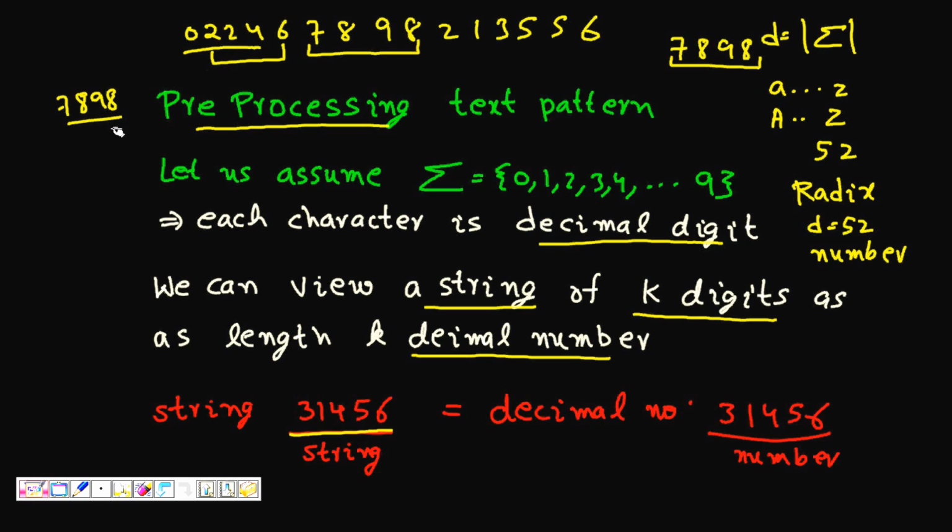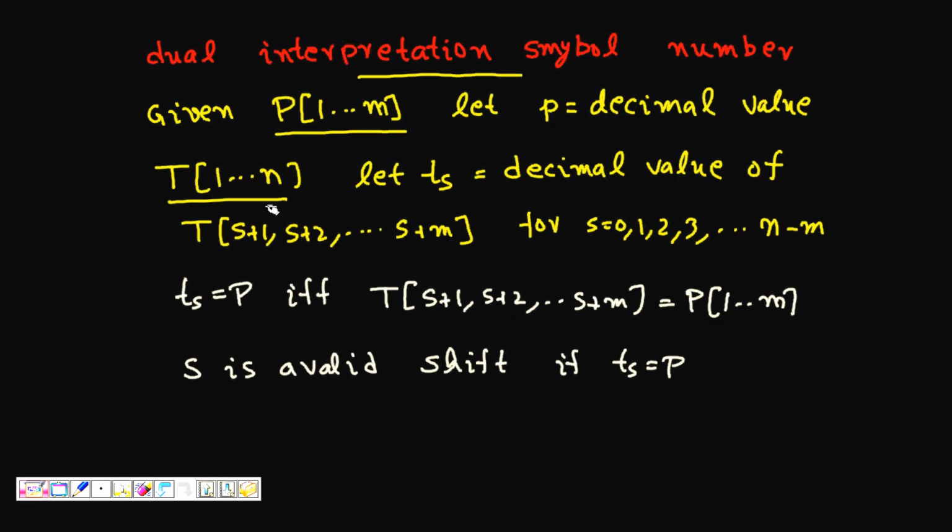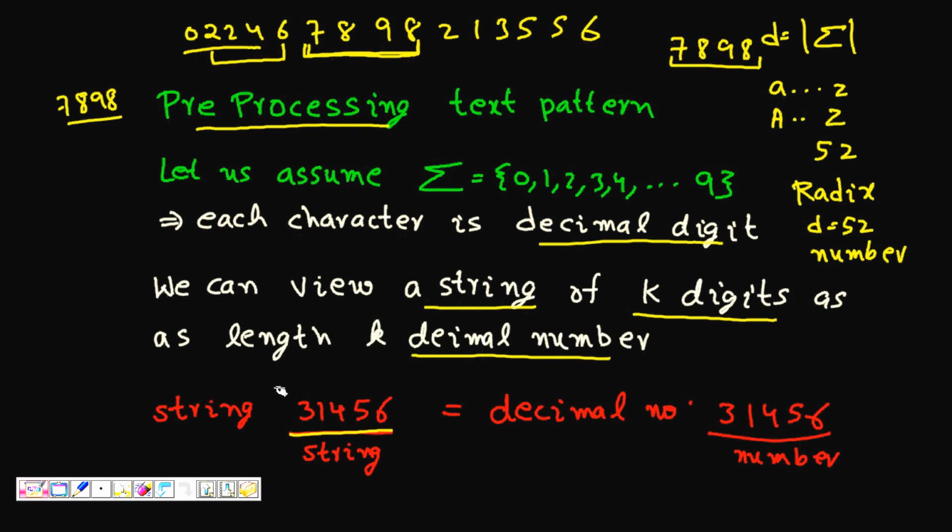When we come to this window, 7898, its numerical representation is equal to 7898, and hence these are equal. So it is just that simple. The only thing is that you have to consider the string as a number, match the pattern value in number with the window value, and if they are the same, you have found the pattern.